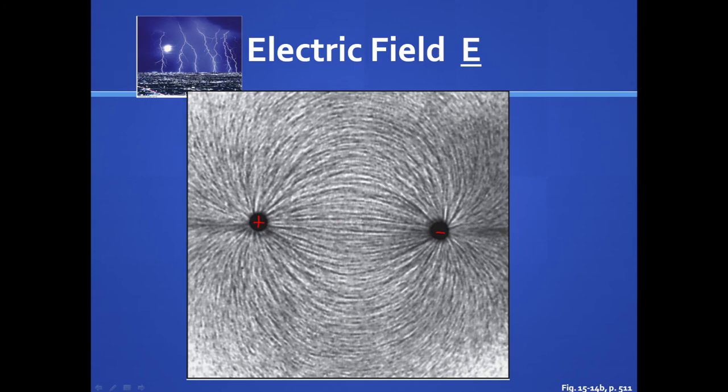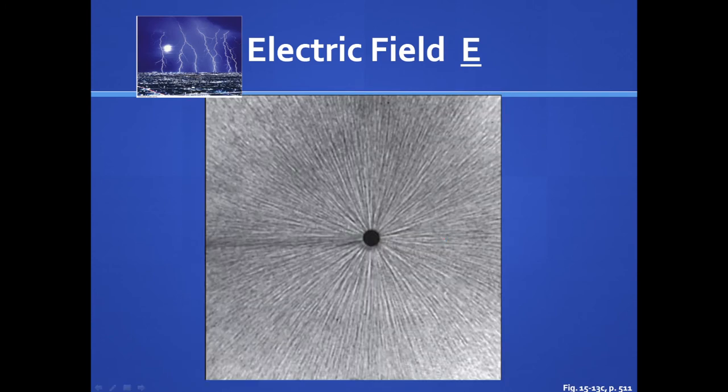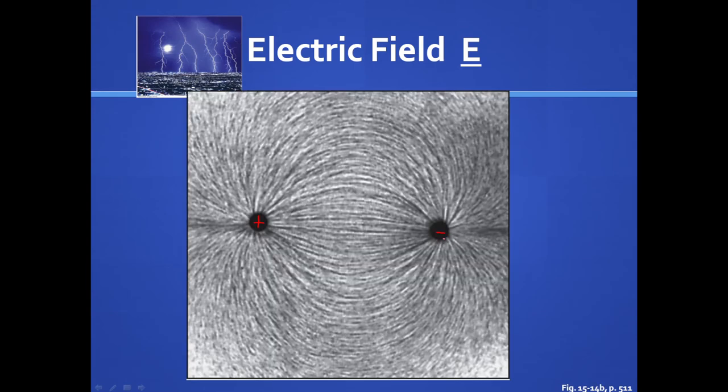So the positive charge is sending field lines out of itself. The negative is pulling field lines into itself. And by themselves, if these two charges were completely separate, that wouldn't really look any different. It's still straight lines. But when they're together like this, we can see that one of them, the positive, is feeding into the negative.